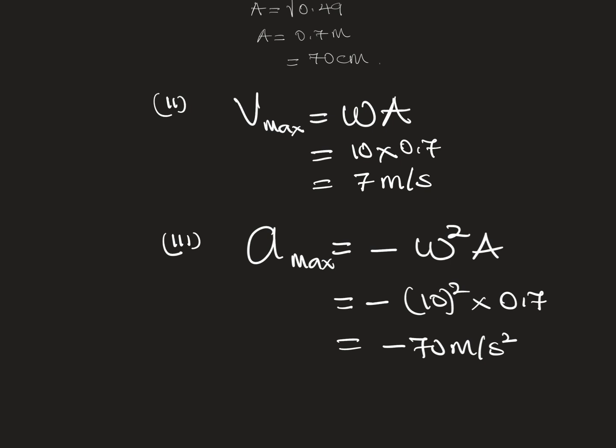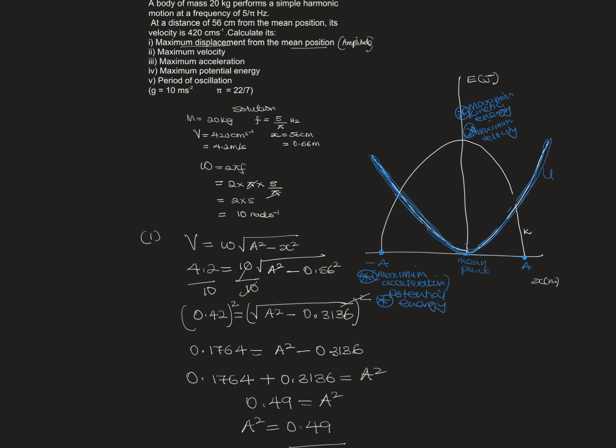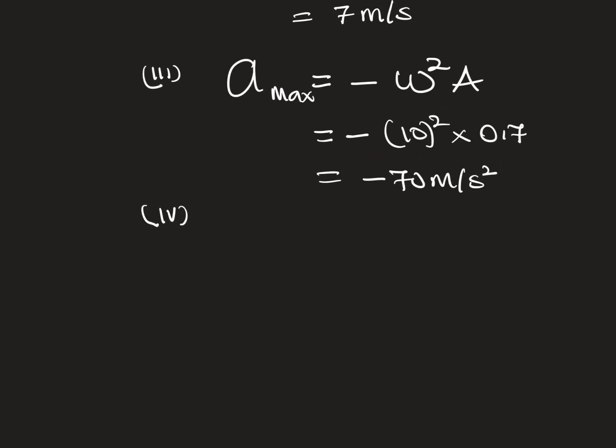Moving on, question 4 asks us to find the maximum potential energy. Energies in simple harmonic motion are frequent questions, so it's important you know all of them. The maximum potential energy is given as half m omega squared A squared.